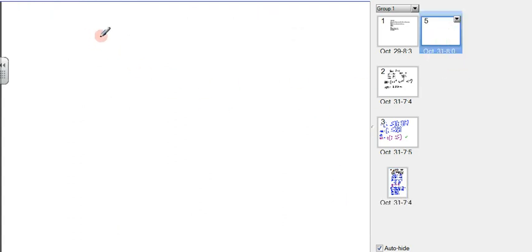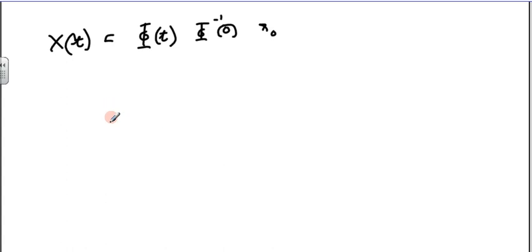Okay, so what we're going to do, we're going to have x of t is going to be iota of t, iota inverse at 0, x 0. That's what we're going to do.